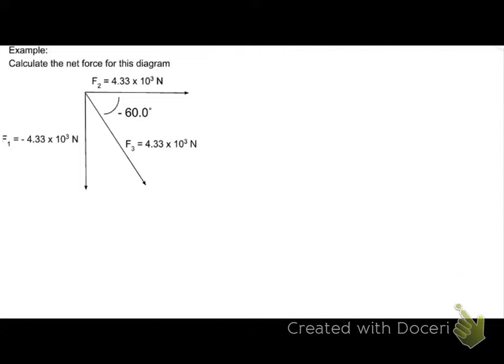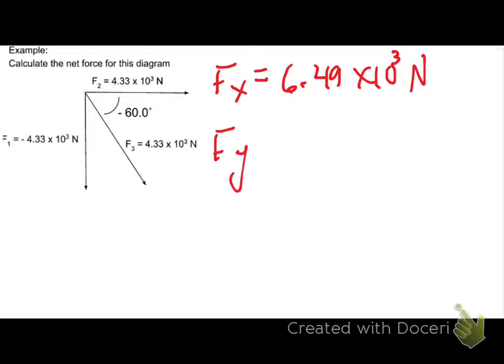If I wipe my screen, we should come up with a total force in the x direction of 6.49 times 10 to the third newtons, and a total force in the y direction of negative 8.08 times 10 to the third newtons, roughly.